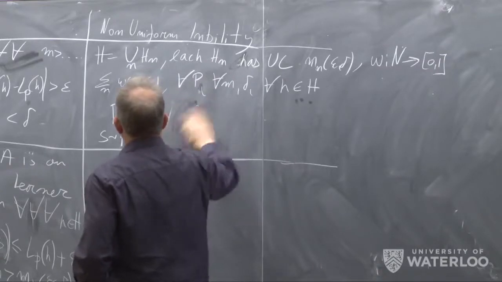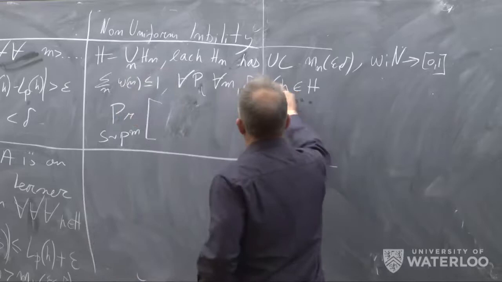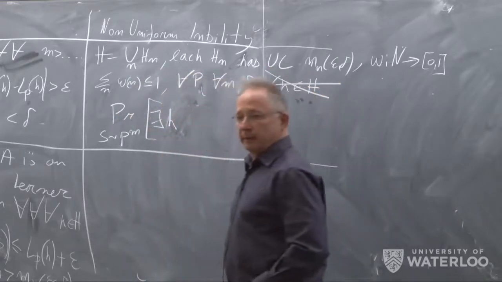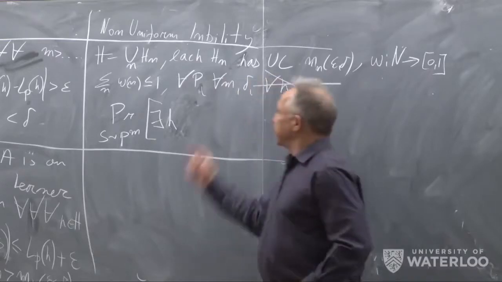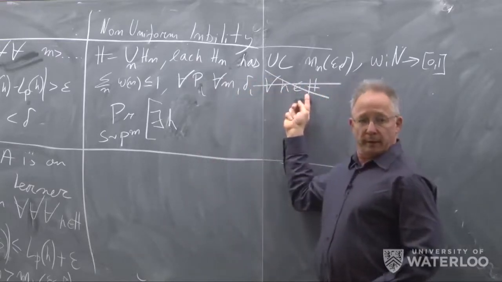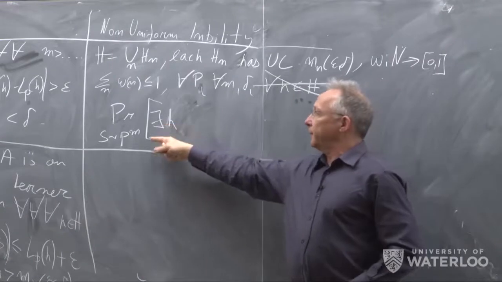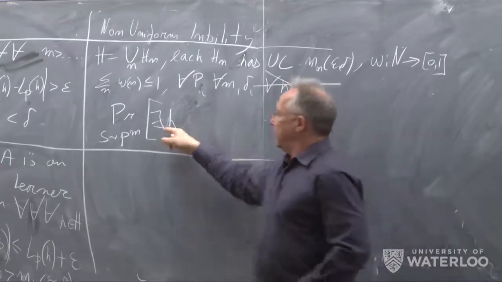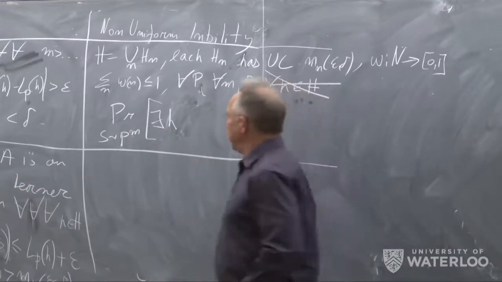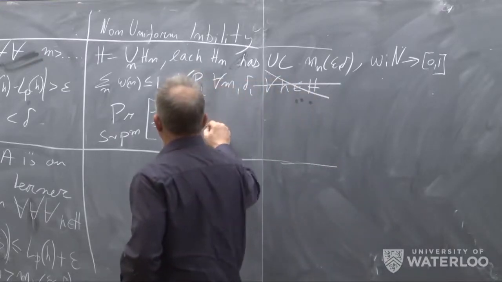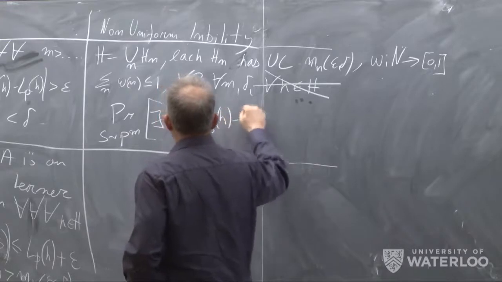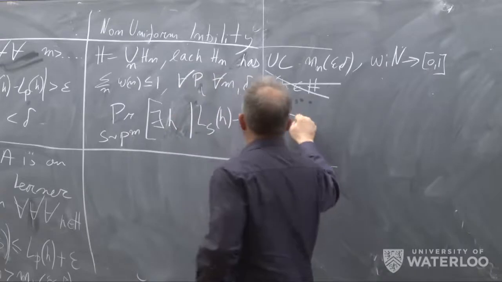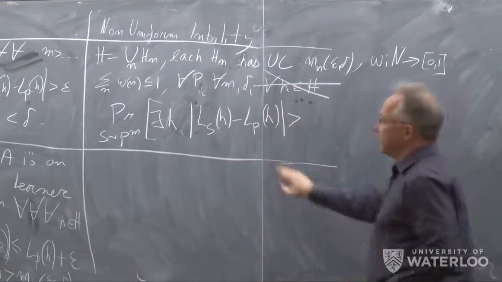The way I wrote it is that instead of having the "for all h" here, I had "there exists an h that violates it." But it's the same thing. Saying that for every h we are doing well is the same as upper bounding the probability that there exists a violating h. So there exists an h such that the gap between L_S(h) and L_P(h) is bigger than something.